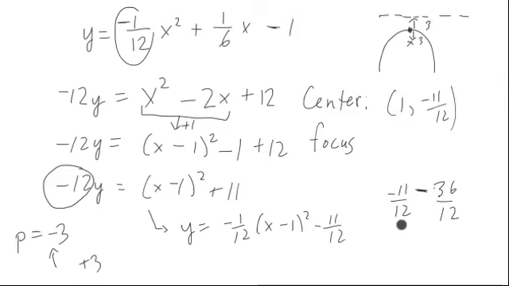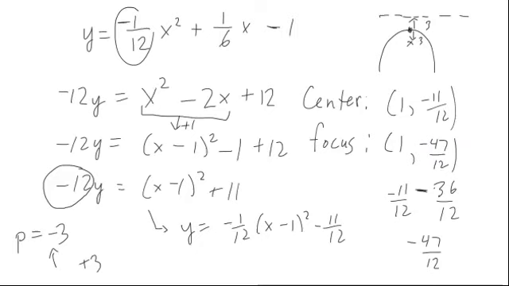So then subtracting, we end up getting -47/12. Okay, so it looks like we drop down from the center. We keep the same x coordinate because we're dropping down, and it looks like the y value will be at -47/12, which is just 3 below -11/12.